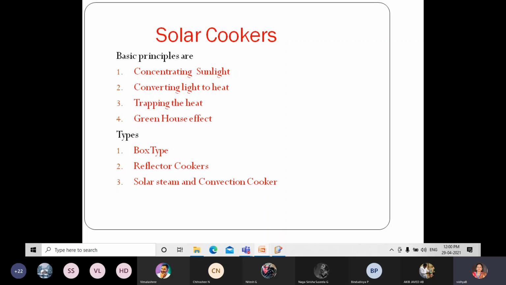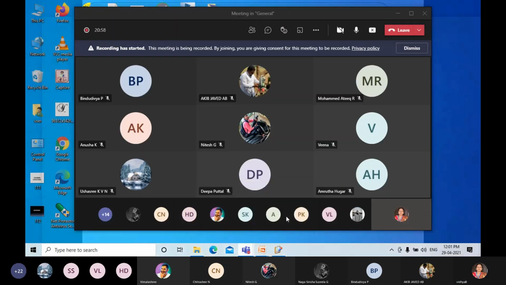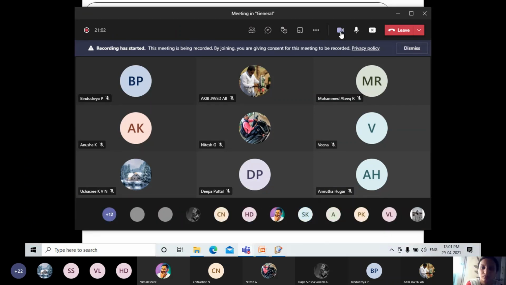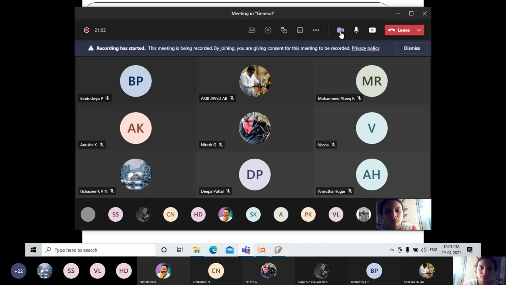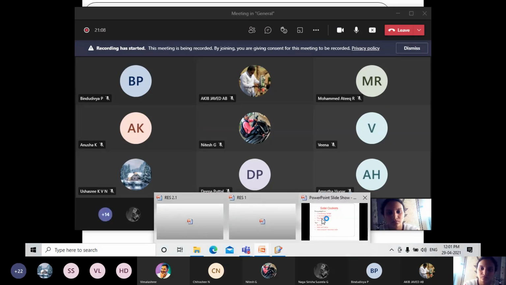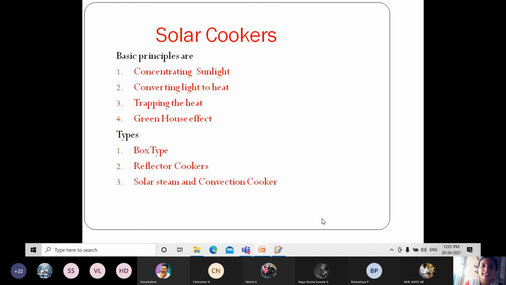A reflective mirror. Here, a reflective mirror of polished glass, metal, or metallized film. Okay, concentrating sunlight.